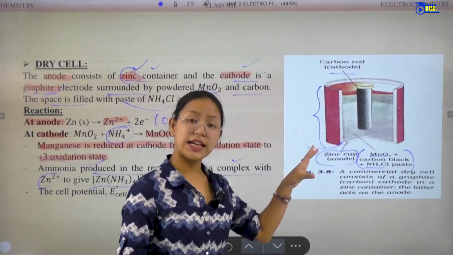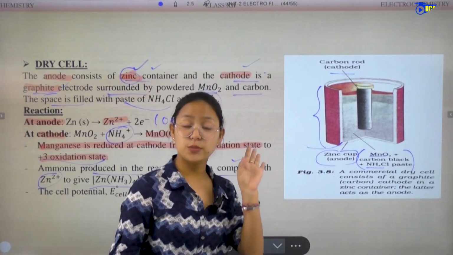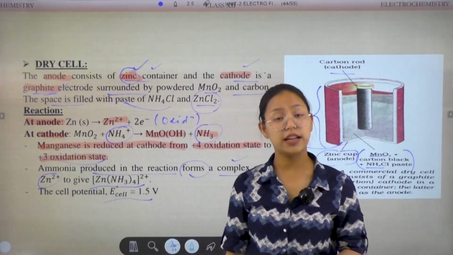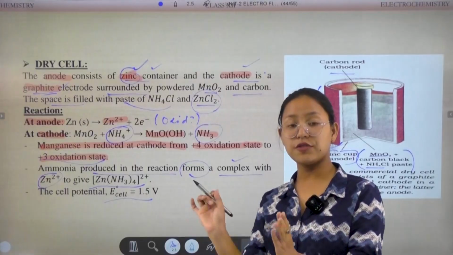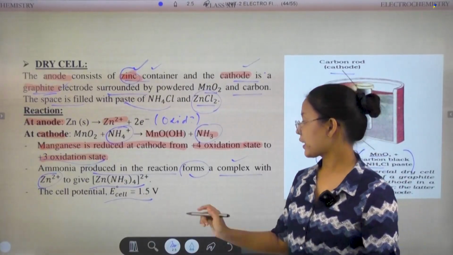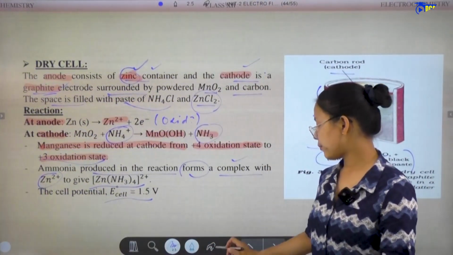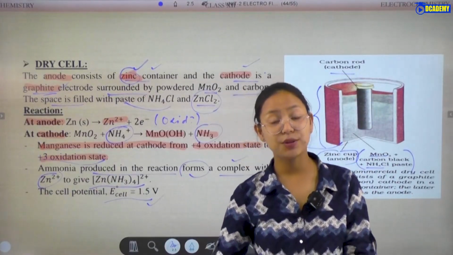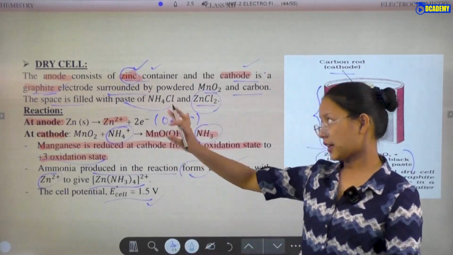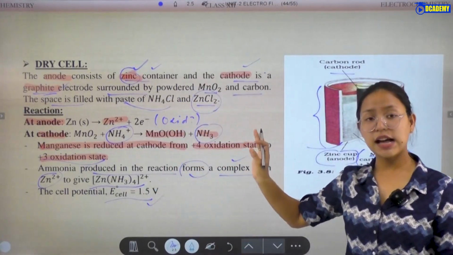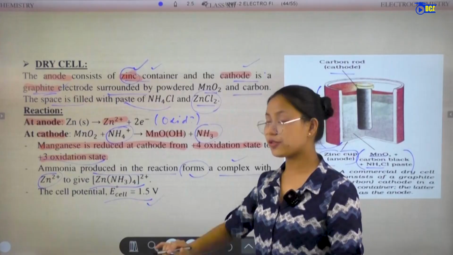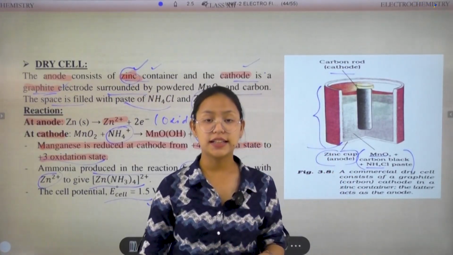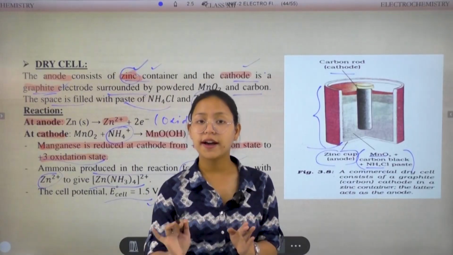Now here this is the dry cell. The electric potential, the potential difference of the whole dry cell, is 1.5 volt. The cell potential of the whole dry cell is only 1.5 volt.